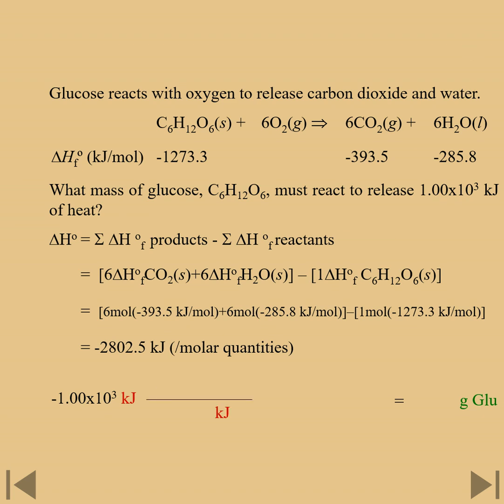Now step 3, out of kilojoules. Here comes the big question. Can we go straight from kilojoules to grams of glucose? No. From kilojoules we're going to go to moles of glucose, and then from moles of glucose we can go to grams.